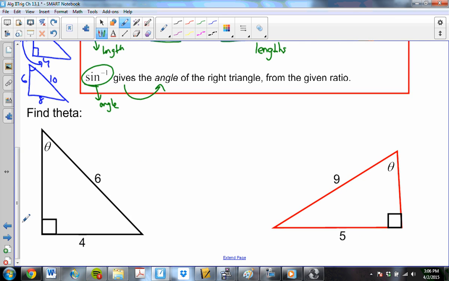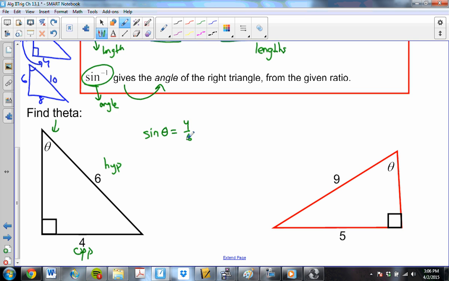Right now I want to find angle theta, knowing that the hypotenuse is 6 and the opposite is 4. Since I have opposite and hypotenuse, that is sine, because sine deals with opposite and hypotenuse. The sine of theta is 4 over 6. I want to know what the actual angle is.